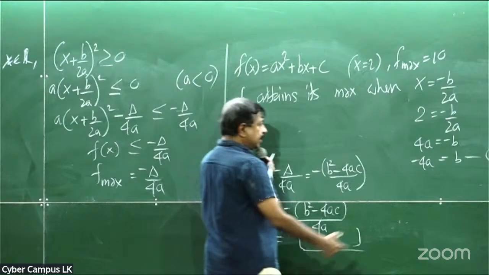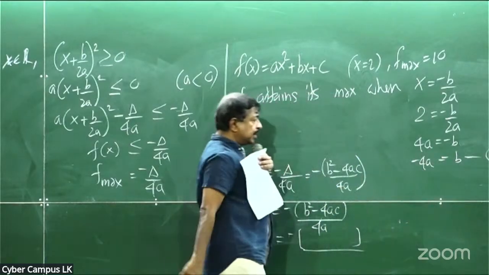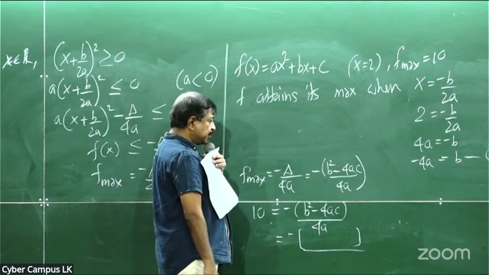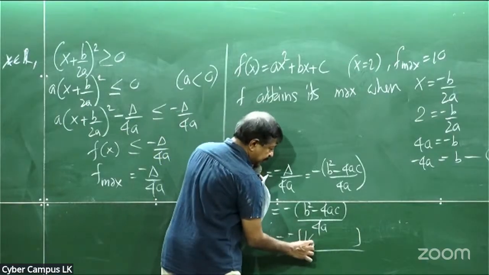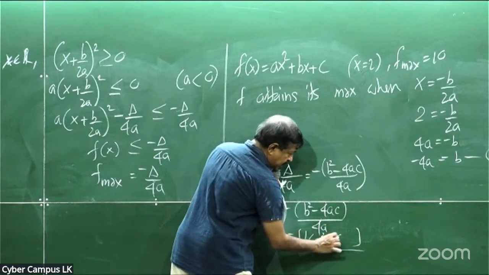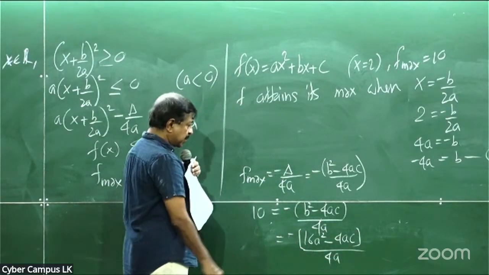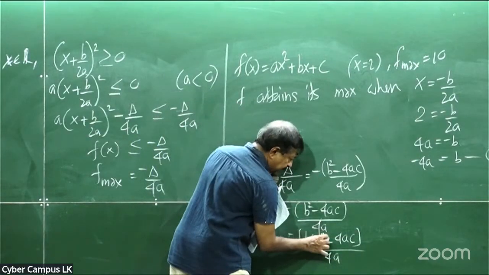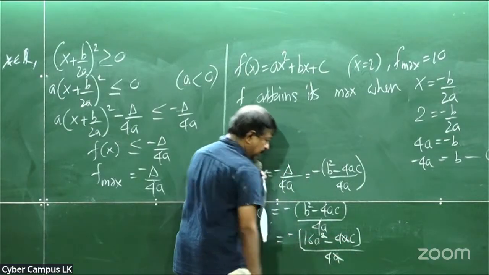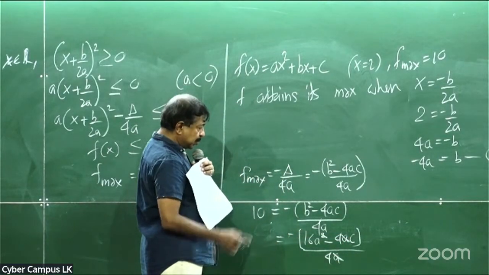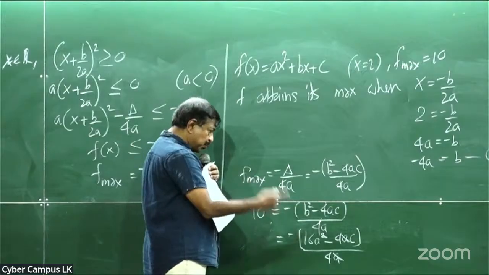Now, b squared is what? Using this, you can write it as minus 4a quantity squared, which is 16a squared minus 4ac over 4a. Now, 1a will go away, right? You can divide each and every term by a. And at the same time, you can divide each and every term by 4.